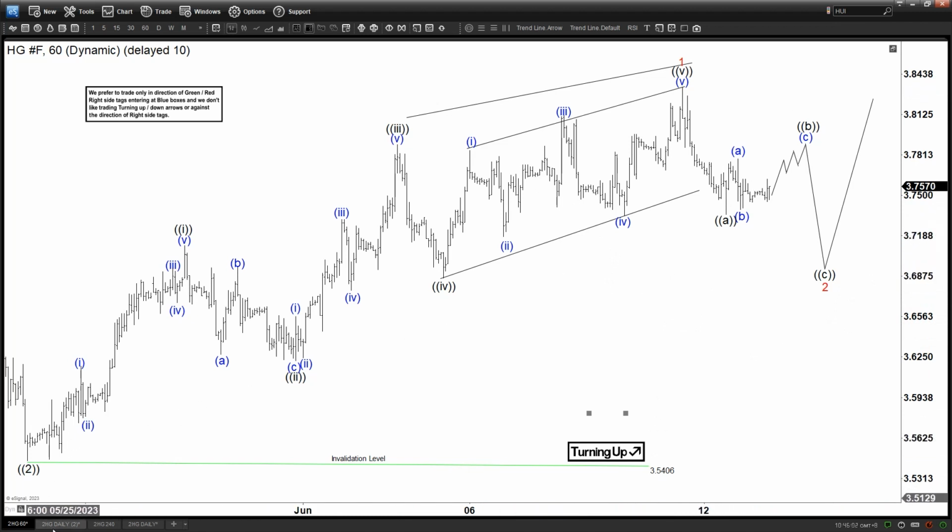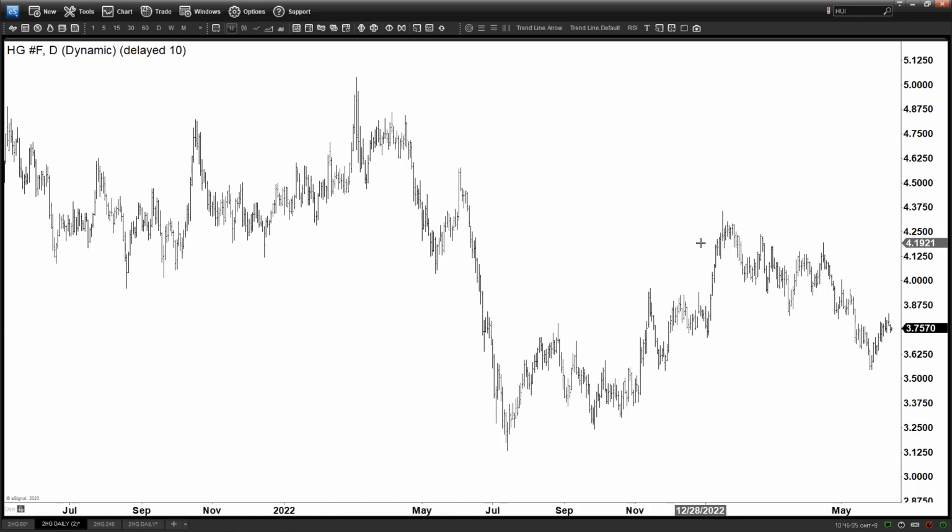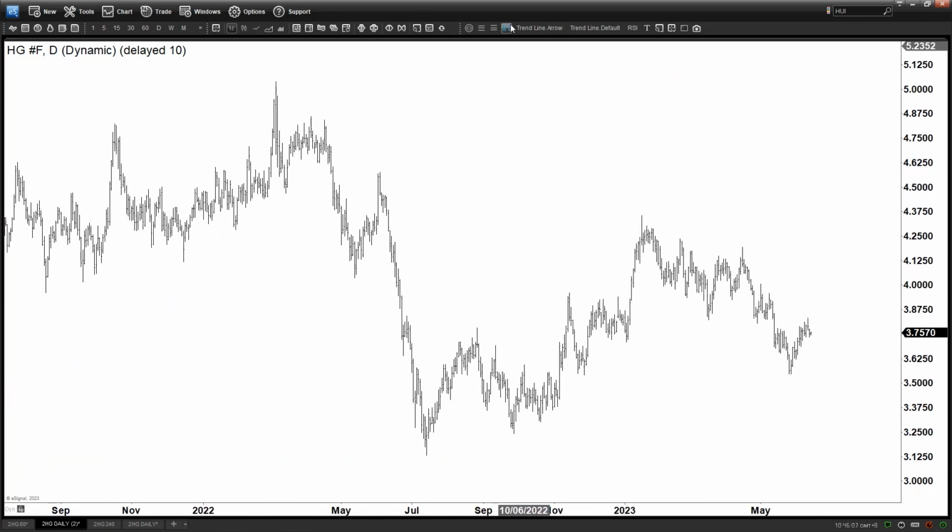Now if I zoom out on the daily time frame, now we can see we have another. Now in the 1 hour we are just looking for this move up, but if we look at the daily, if you look at it from July 2022, you also see what looks to be like a 1, 2, 3, 4, 5 as well.